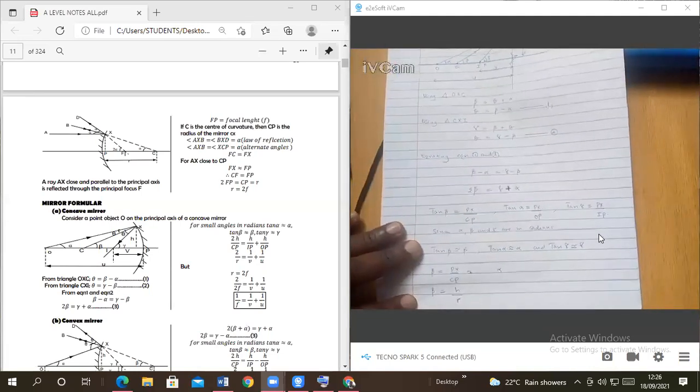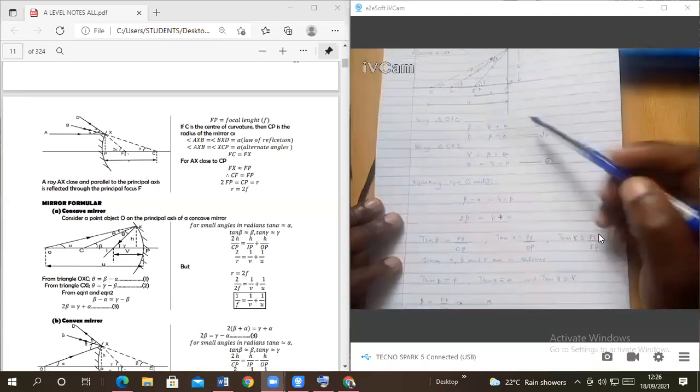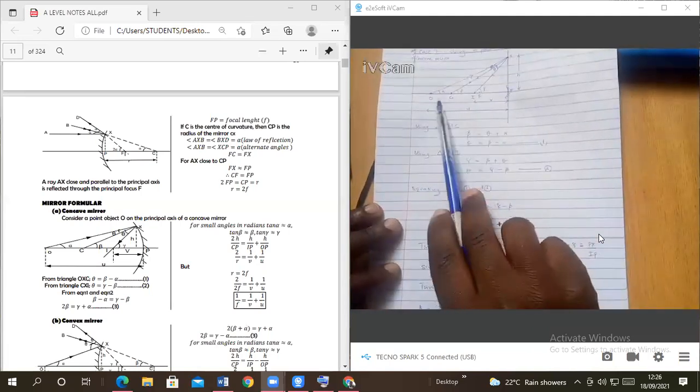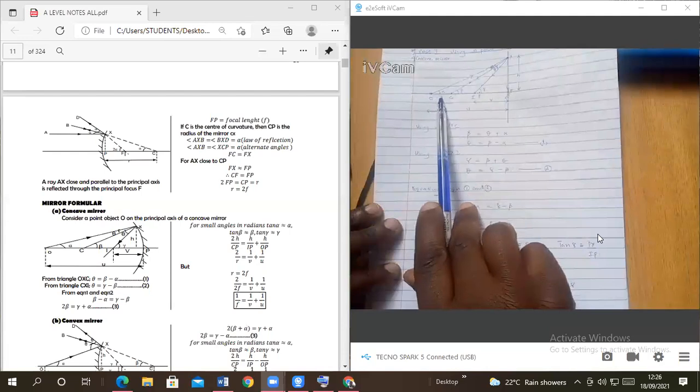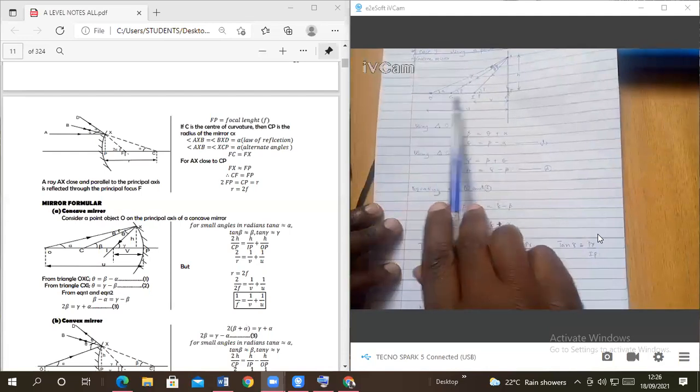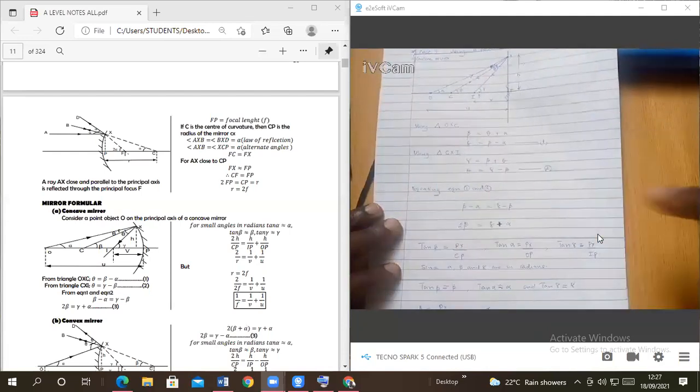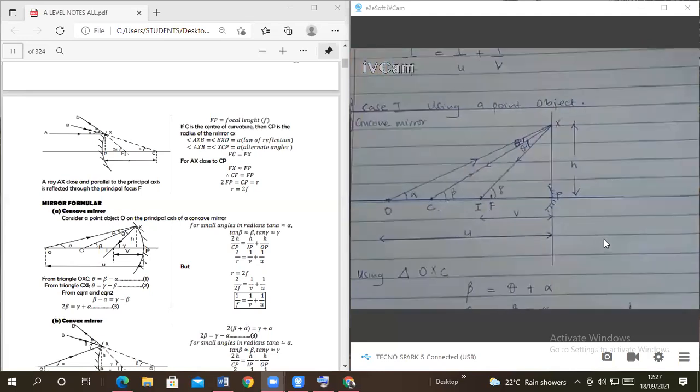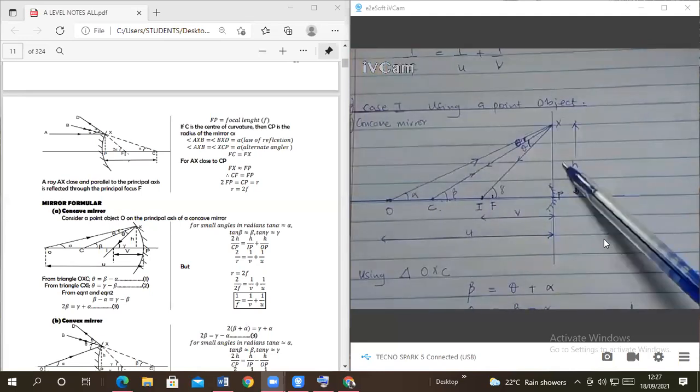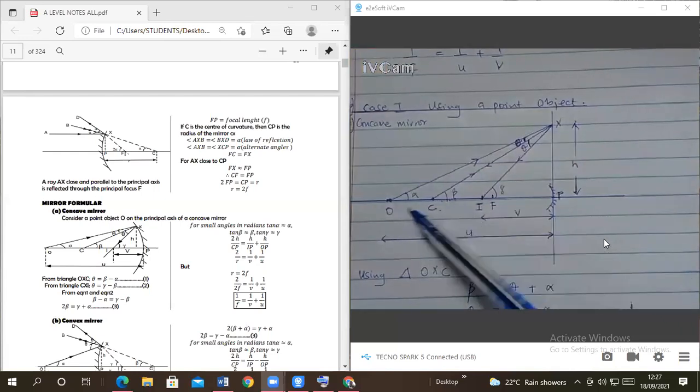So for us to get alpha there, we shall still come and compare and you see, alpha is here. That means that alpha is equal to PX, let me zoom in for you. So alpha is PX, but PX, we said it is h over OP, and OP is u. So we shall have h over u.